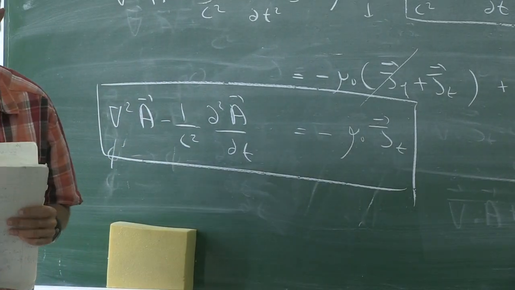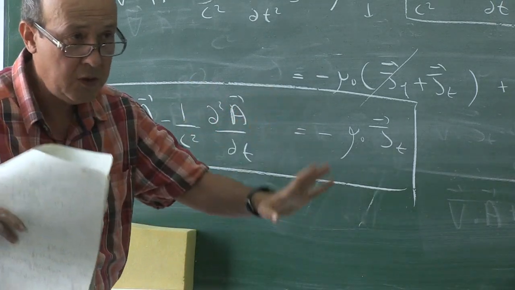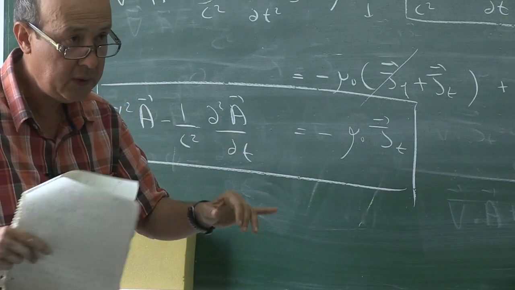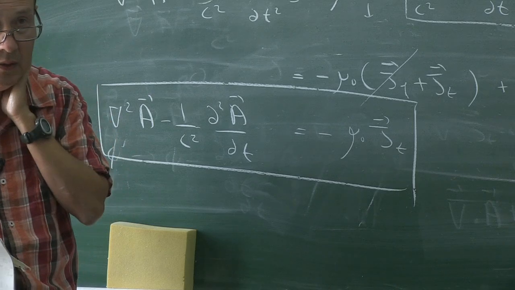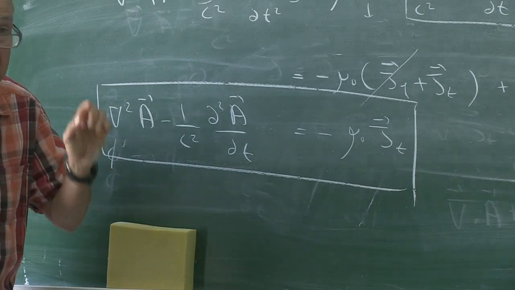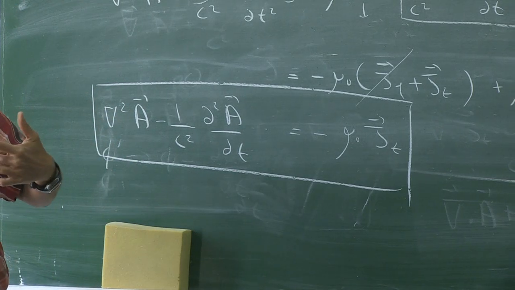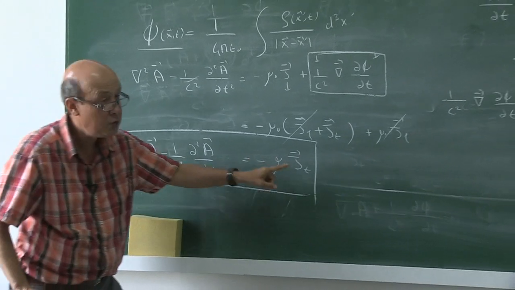Which gauge are we working in? Coulomb gauge. For the potential we have the Poisson equation, but for the vector potential, we have the non-homogeneous wave equation again, but the source is the transverse. So this Coulomb gauge is also called by a different name due to this current.